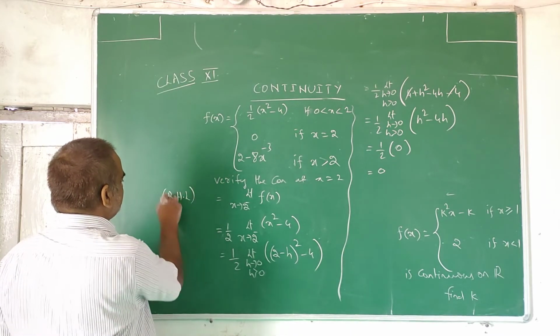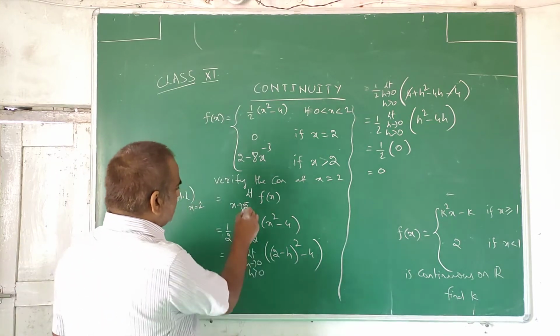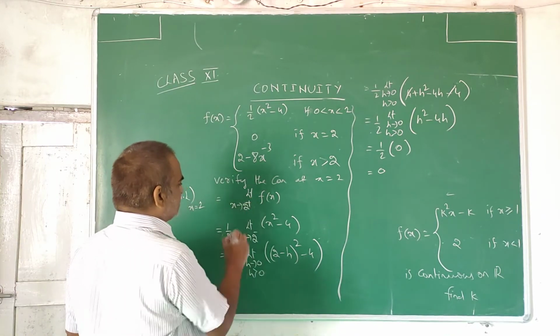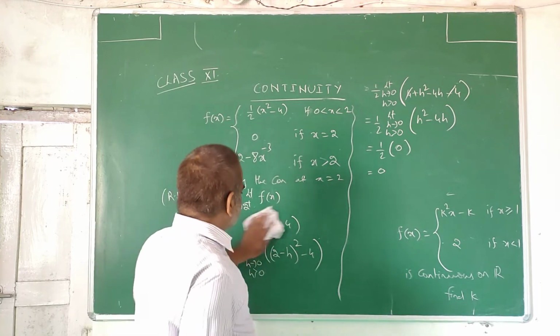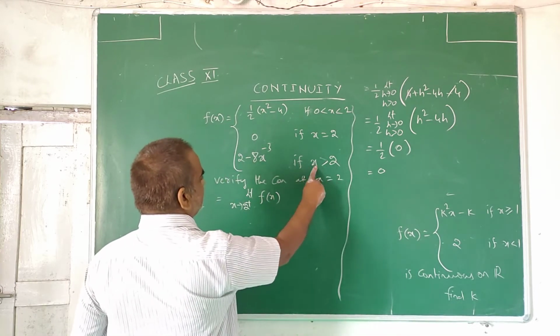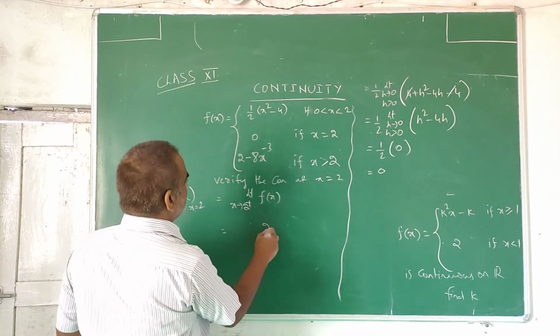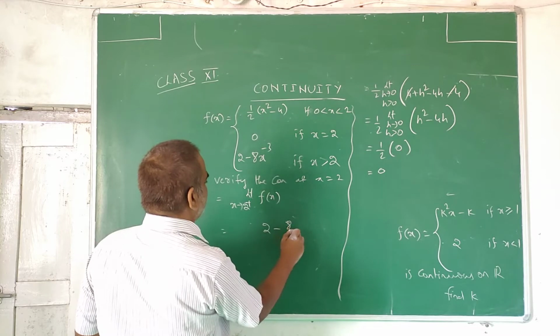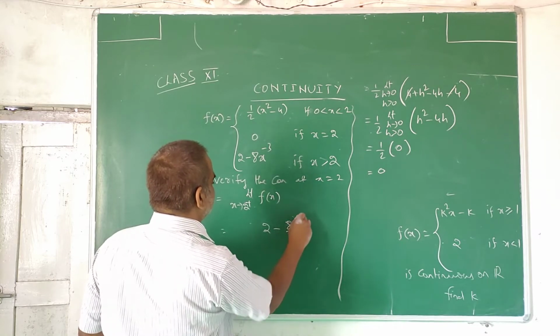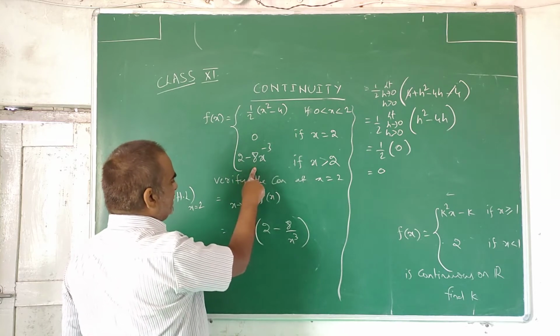RHL means 2 plus. 2 plus means something more than 2, so x is greater than 2. Here you have to take 2 minus 8 into x power minus 3, which means 8 by x cube. When x is greater than 2, f of x is defined like this.